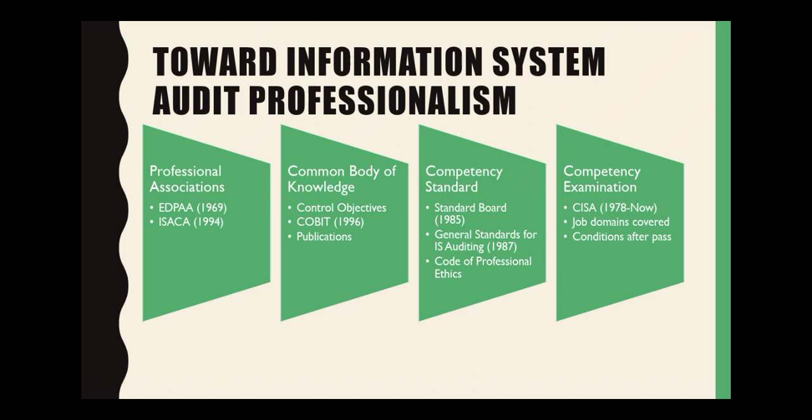It already existed since the mid-1960s. And then the name was changed into ISACA, the Information System Audit and Control Association. It's ISACA. And then the next is the common body of knowledge.